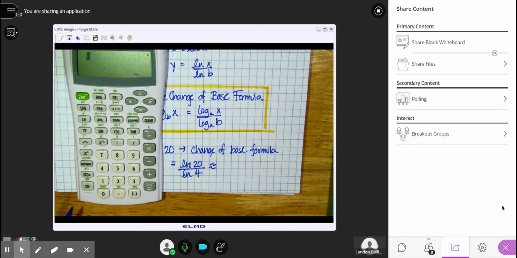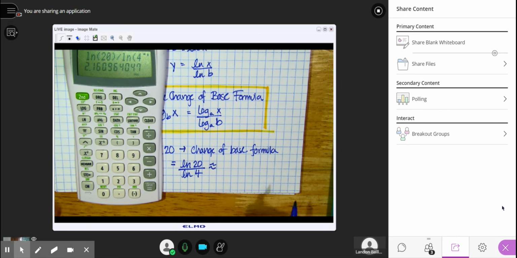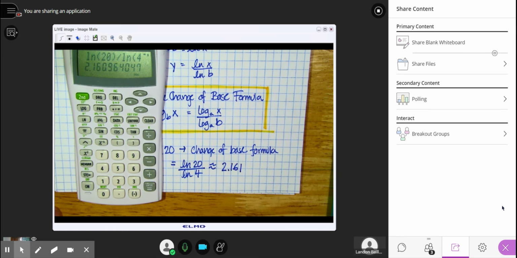On my calculator, I'm going to do ln 20, and I'm going to divide it by the ln of 4. And I get about 2.161. Again, I could have done log base 10 of 20 over log base 10 of 4.